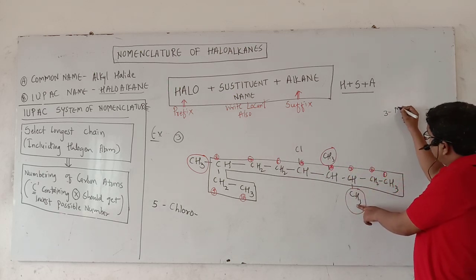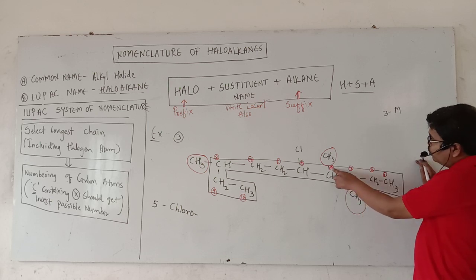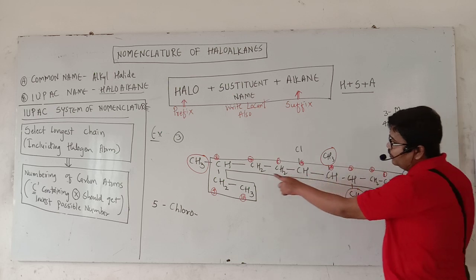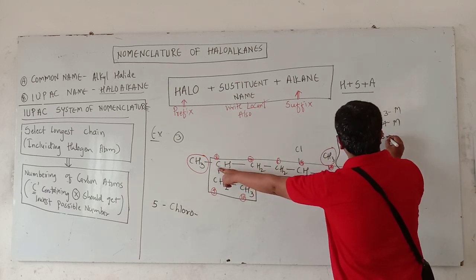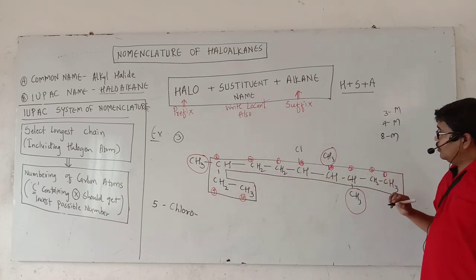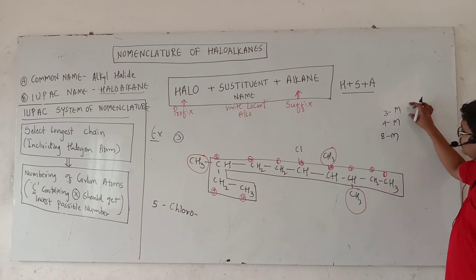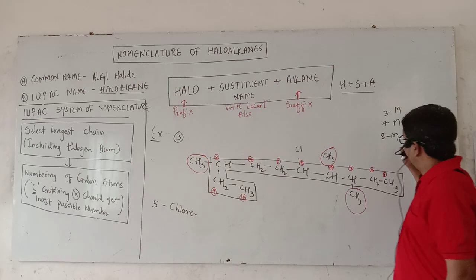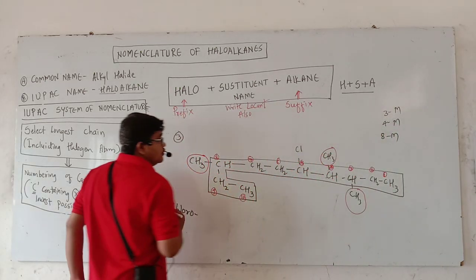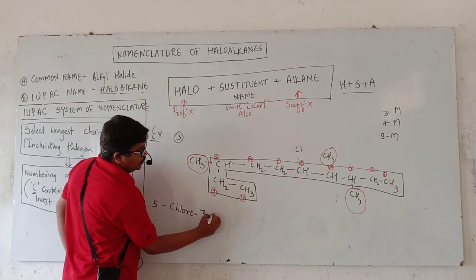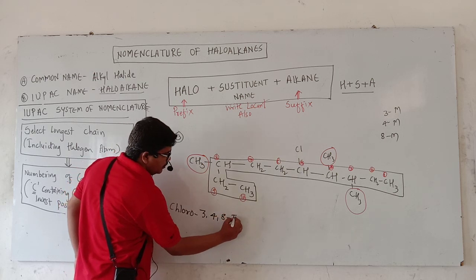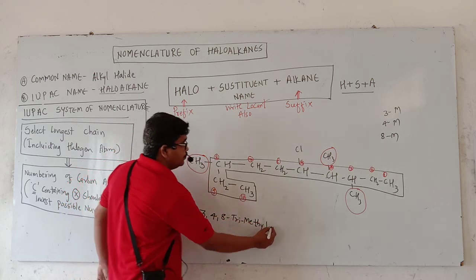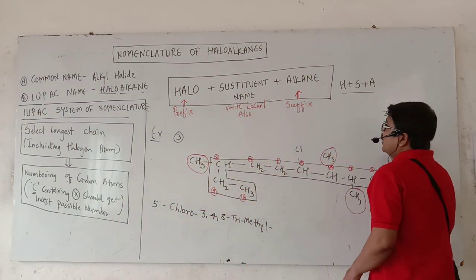CH3 means methyl. To the carbon number 4, again methyl. To the carbon number 8, again methyl. So instead of writing 3 methyl, 4 methyl, 8 methyl, instead of this, what we will write? What are the numbers? 3, 4, 8, trimethyl. Okay. So substituents name are written.